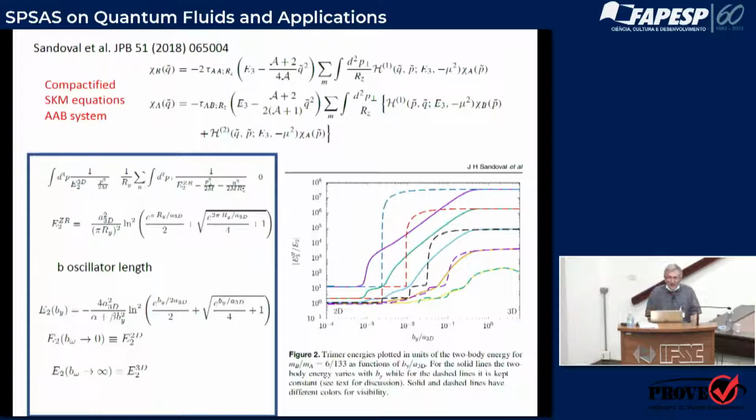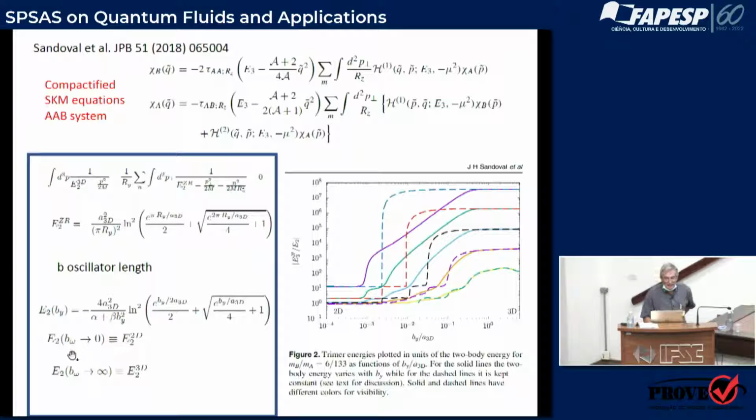We are able to parameterize the two-body energy in a way that reproduces the behavior that you get when you squeeze a Gaussian potential. We tried with a Gaussian potential and a harmonic oscillator in one direction. And this is the kind of formula.